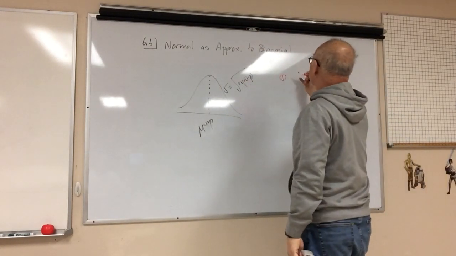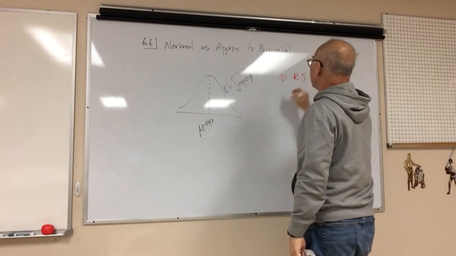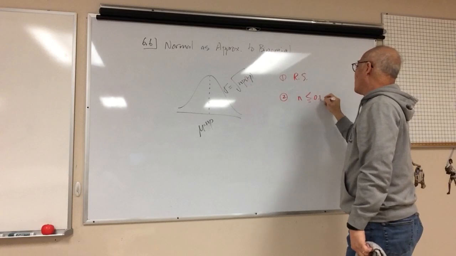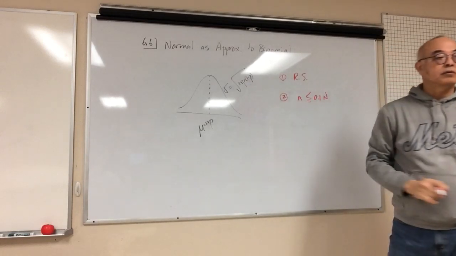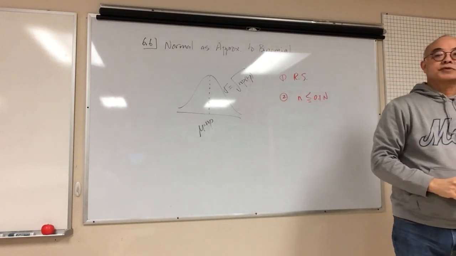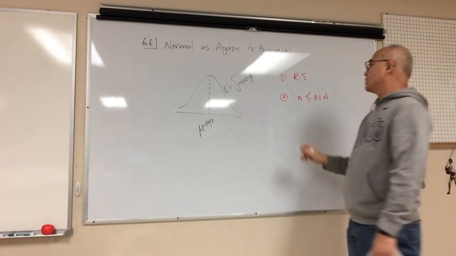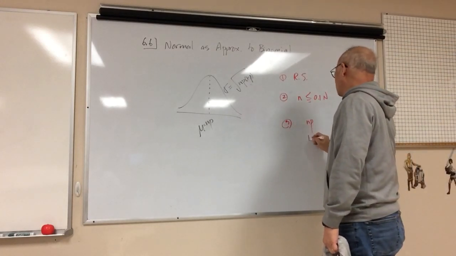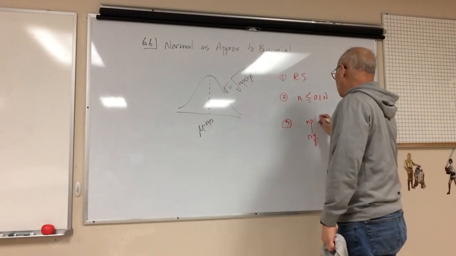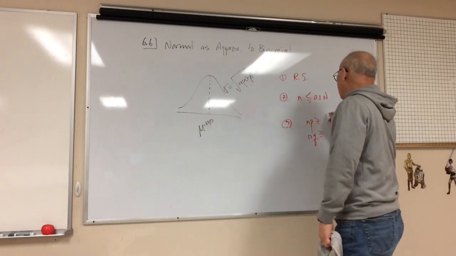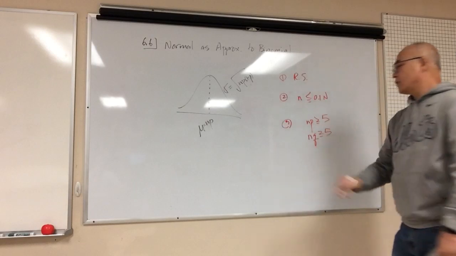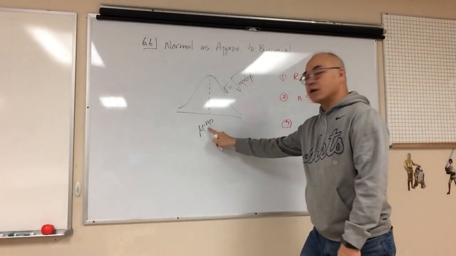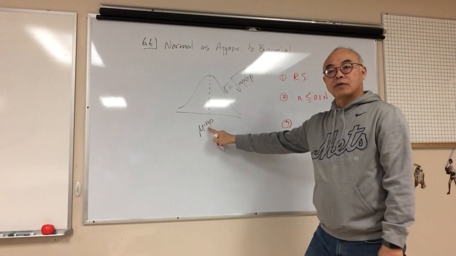Second, you are never allowed to oversample. You cannot sample more than 10% of the entire population. And third is what we call the large counts condition, and this has to be greater than 5. In other words, np has to be greater than 5.